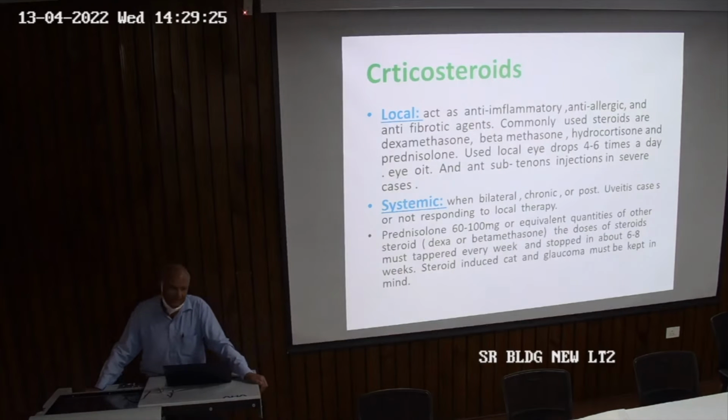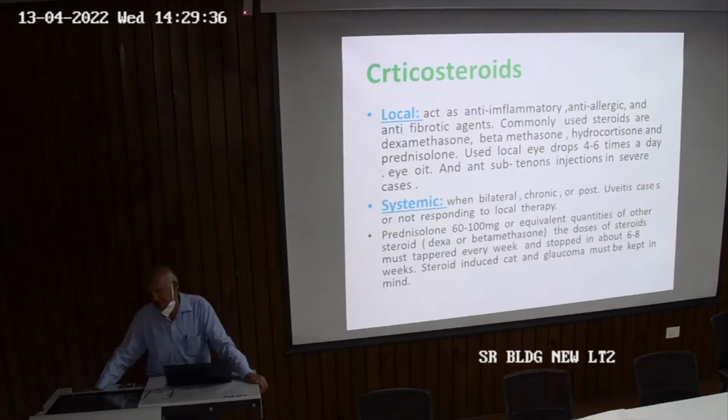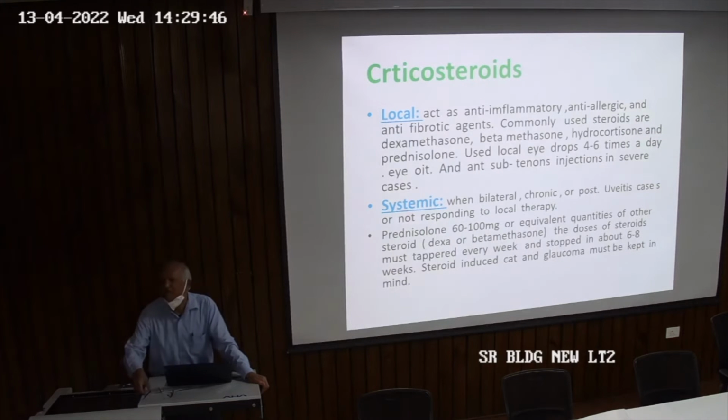So, 3 indications: if there is a bilateral case of uveitis, we will start steroid systemically; if the posterior part is involved; or recurrence, whenever there is a recurrence. Or if the patient is not responding well to topical drugs, we will start systemic drugs: dexamethasone, prednisolone, or methylprednisolone.